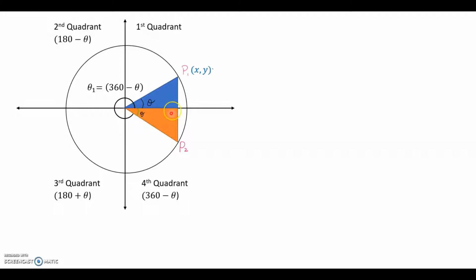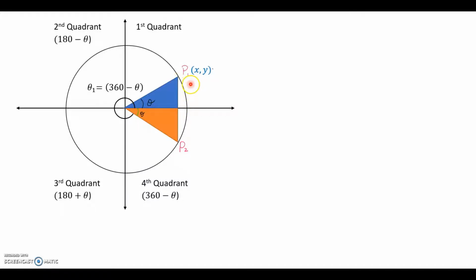If we call this point P1, and call the coordinates here x and y, then x will be the length of the adjacent side, and y will be the height of the opposite side.